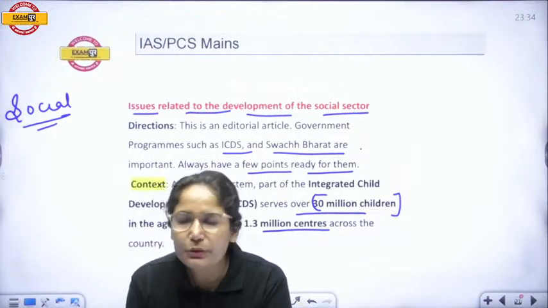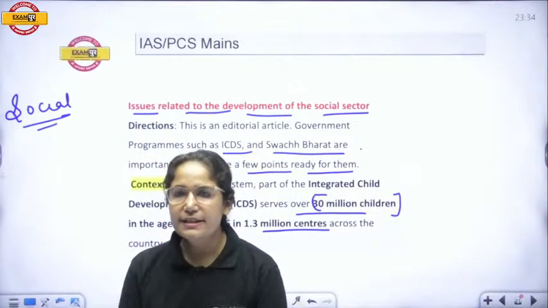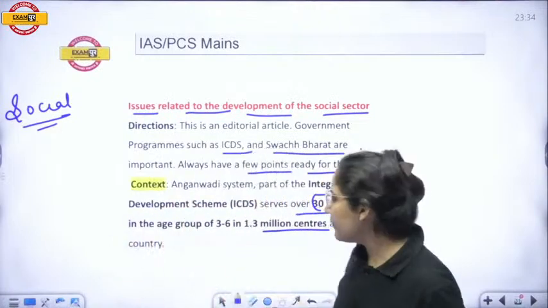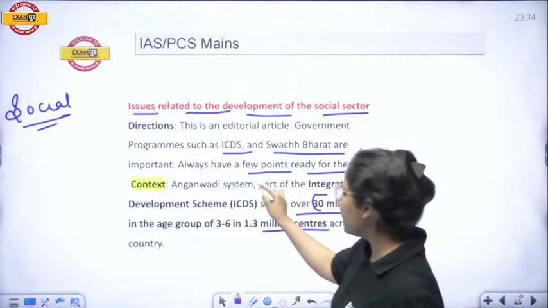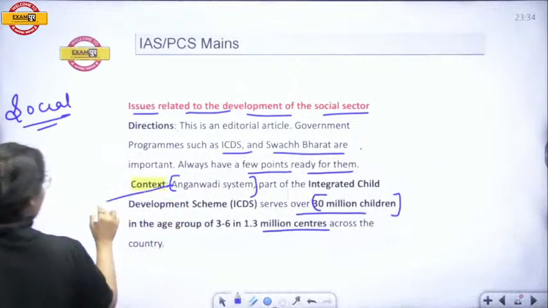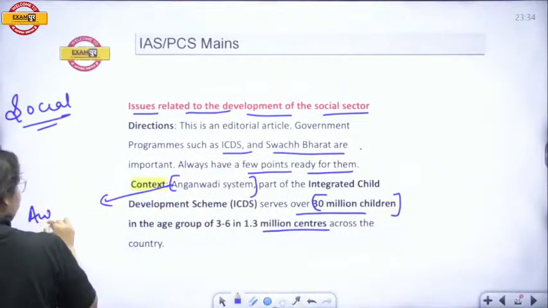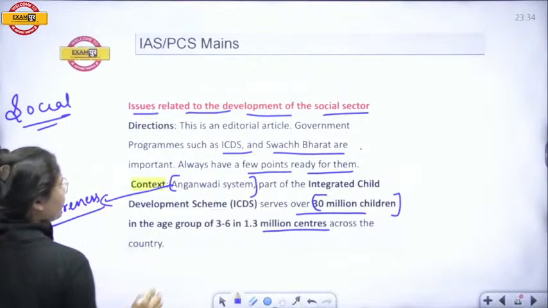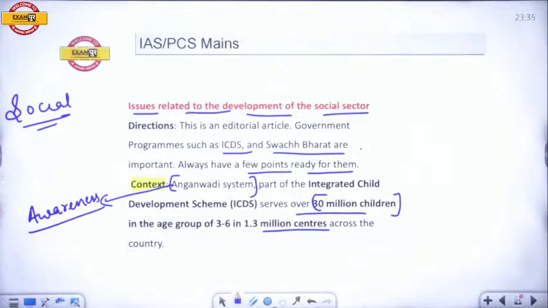Okay, regarding issues related to development, you need to consider the context and have a glance at it. The Anganwadi system's main aim is to spread awareness about whatever we are dealing with.